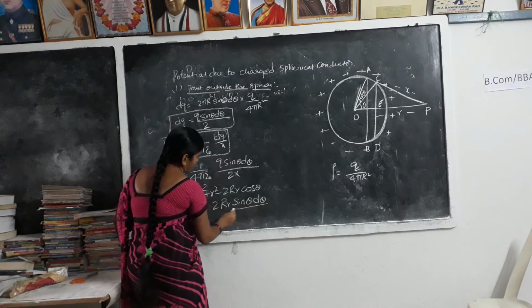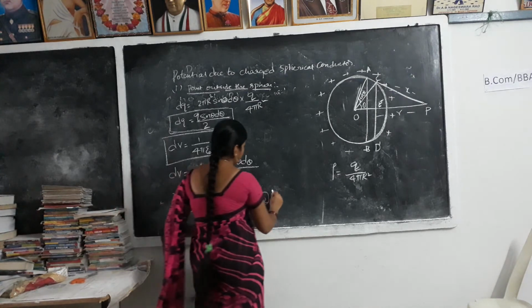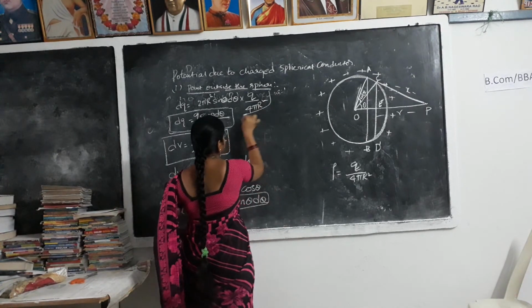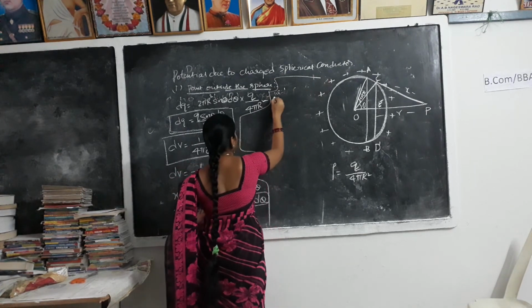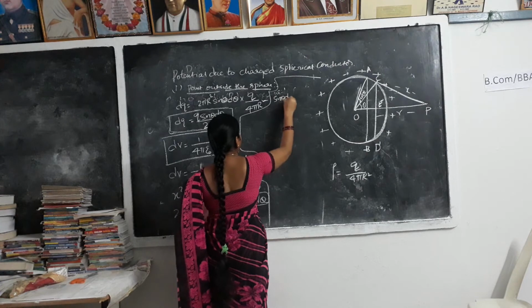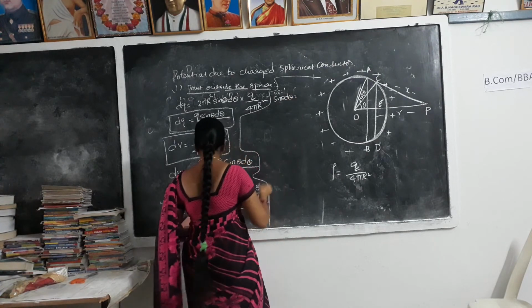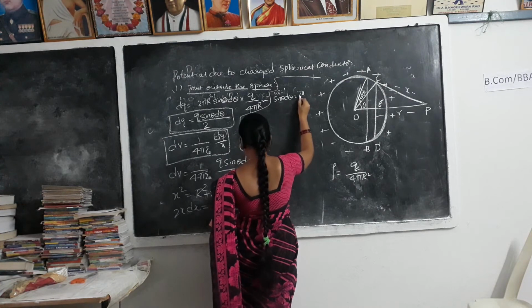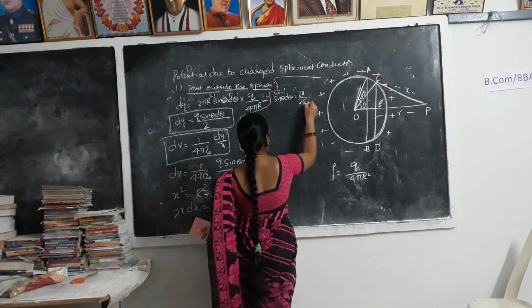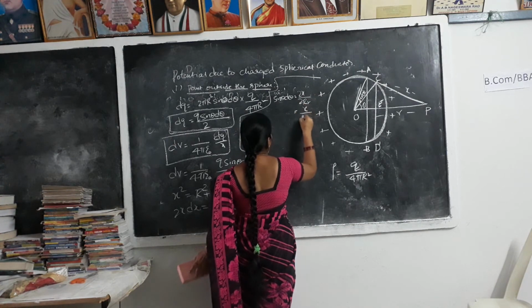So sin theta d theta equals 2x dx by 2Rr, that means x dx by Rr.